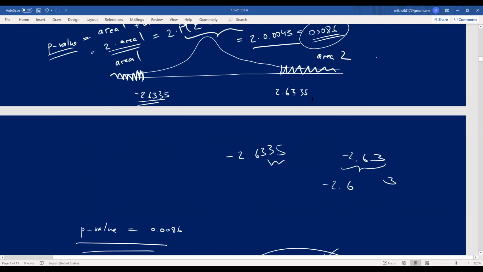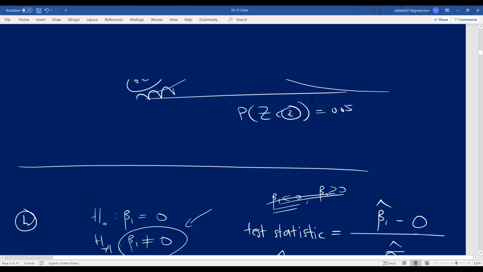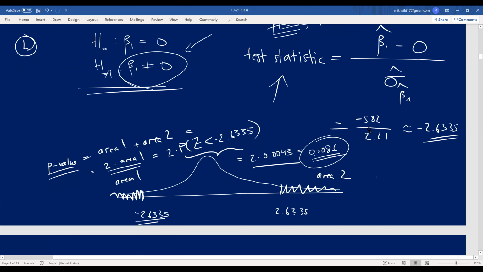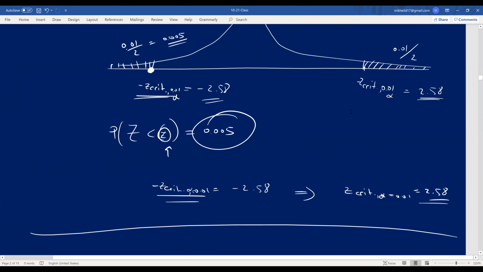Do you see the blue screen? Good. So the test statistic was minus 2.63, right? Okay, and that falls.